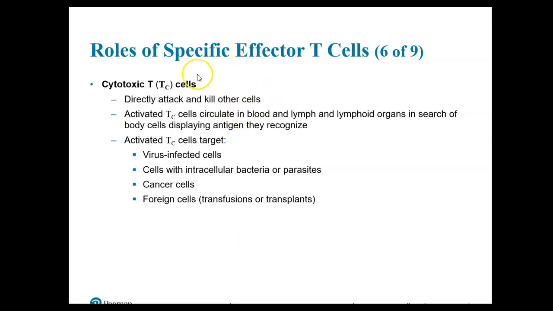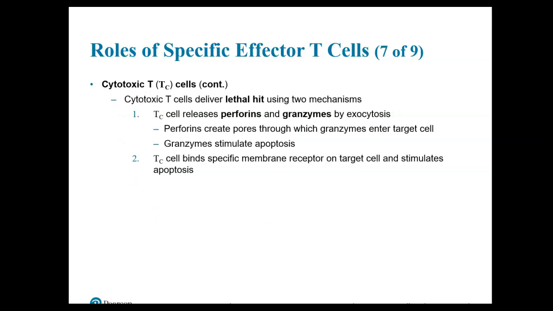So what do cytotoxic T cells kill? They kill cells that are infected with virus. They kill cells that contain bacteria or parasites. They kill cancerous cells, and they kill foreign cells, in the case where someone with an incompatible blood type is transfused into the patient, or they are given a transplant and they are having a transplant reaction.